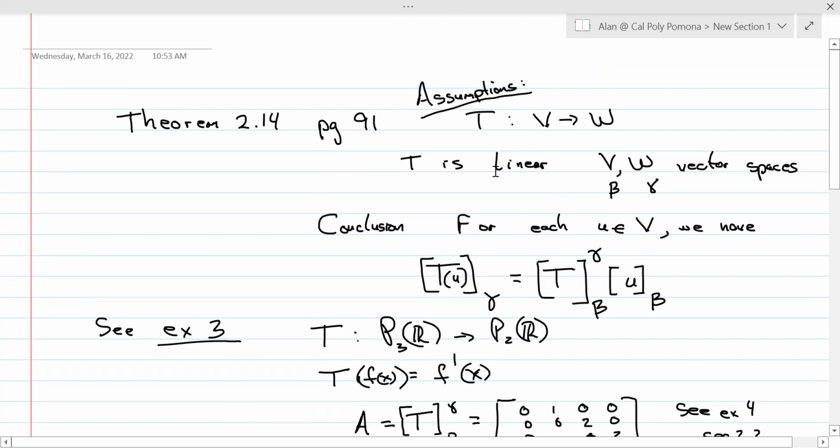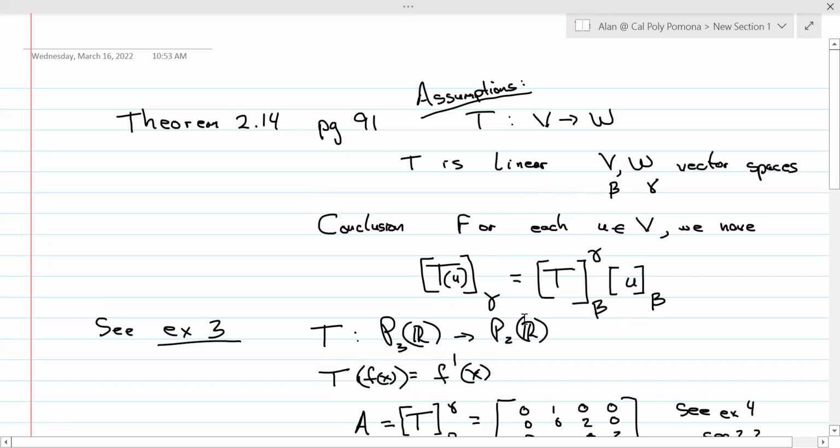So what it's saying is really important. It's saying that you can think of any linear transformation as matrix multiplication. Find the matrix corresponding to that transformation, represent a vector u in V as a column, multiply this matrix times this column, and what comes out is what T does to u in the new basis.